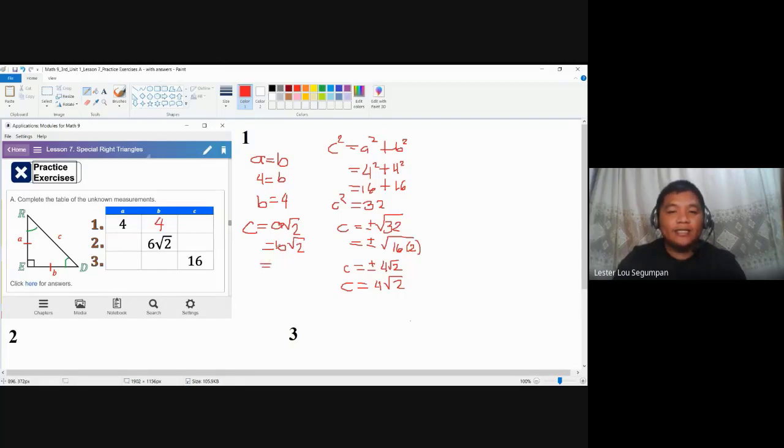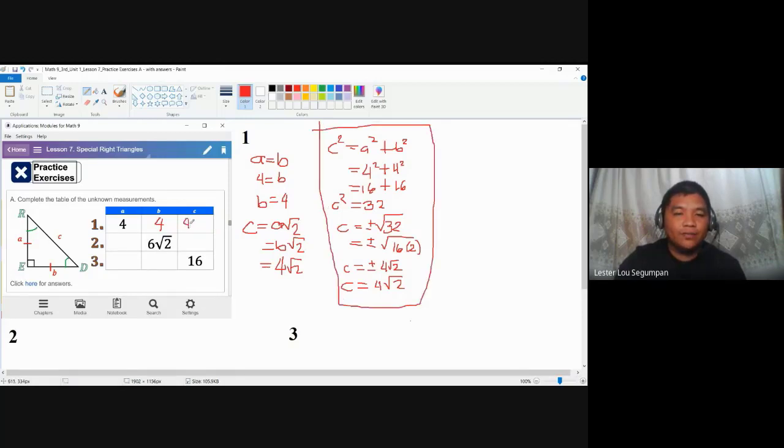Therefore, C is simply equal to 4 square root of 2, because the isosceles right triangle theorem tells us that the measurement of the hypotenuse is the square root of 2 times the measurement of any leg. So you may use the longer method, or you may simply use the shortcut. So you have 4 square root of 2.